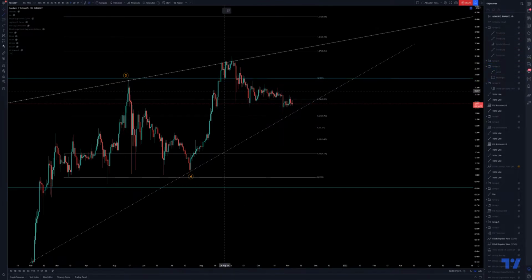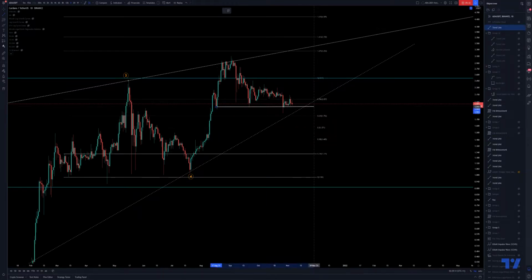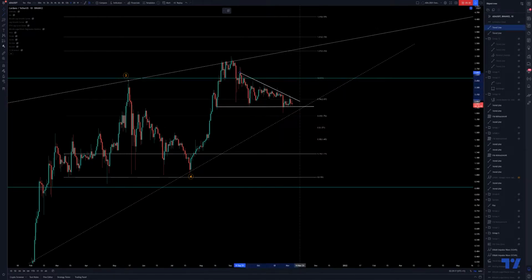Now, here's the thing. We have something like support here, definitely support there, and we have definitely resistance there. There is this scenario that usually plays out.